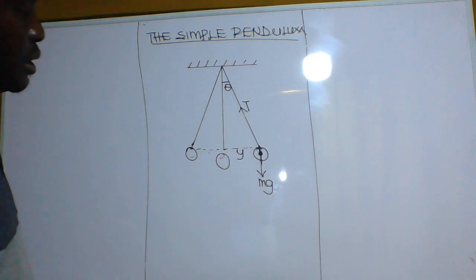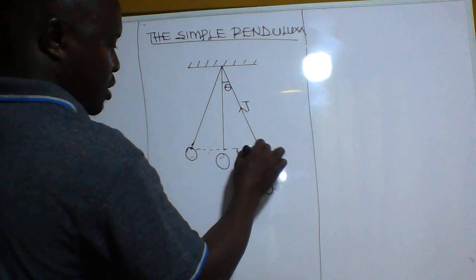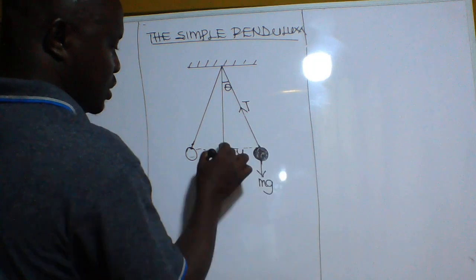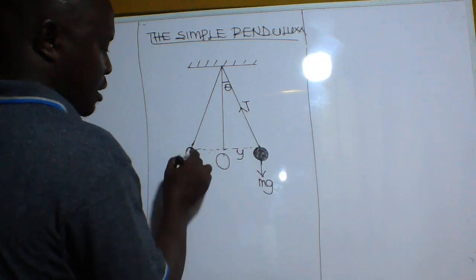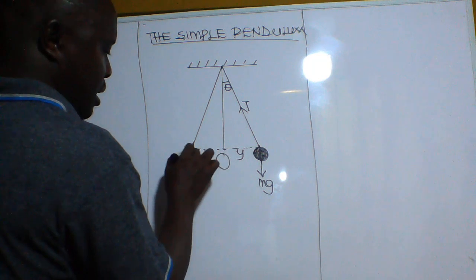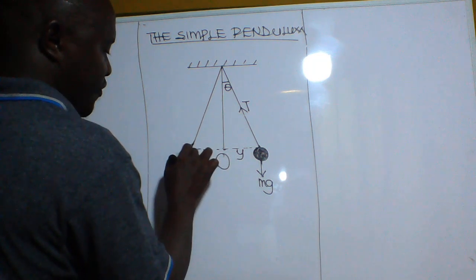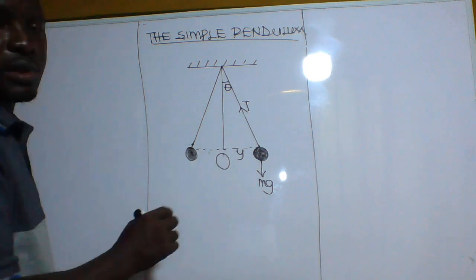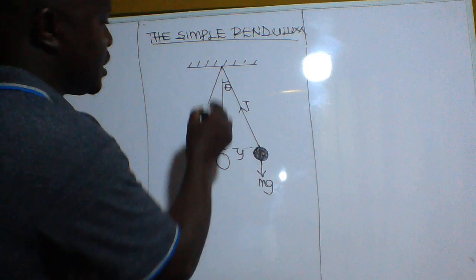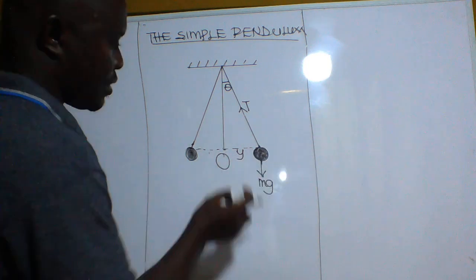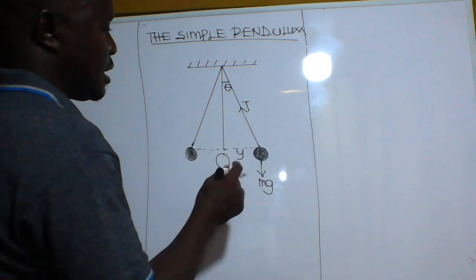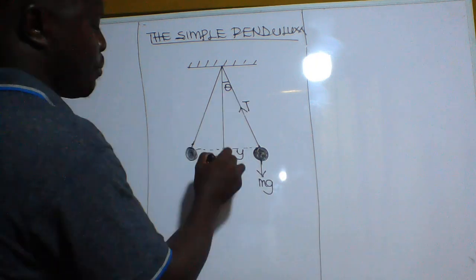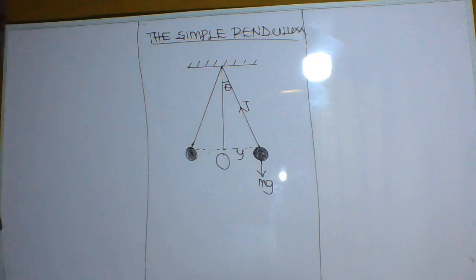Now this is the object having been displaced from its main position O. I'm shading the mass so that it will be differentiated from the fixed point or the main point O. This is the main point O. The object is given a small angular displacement theta, and when it is left, the object moves back and forth around point O, oscillating.